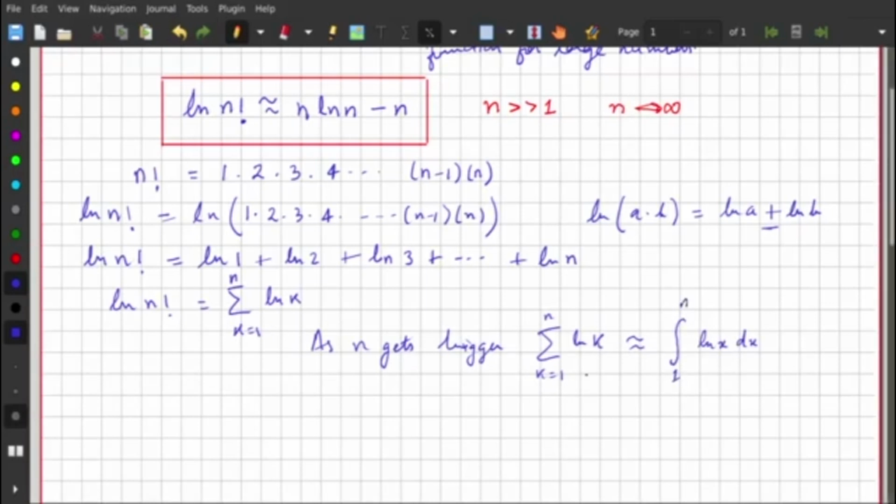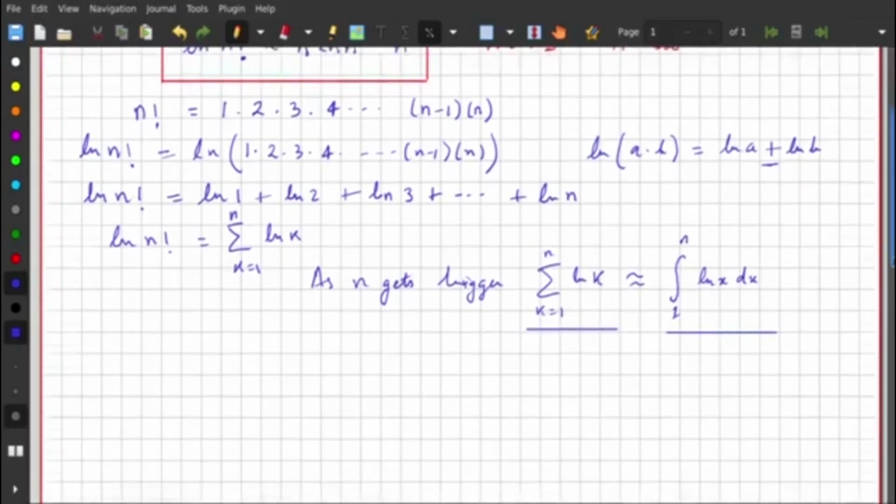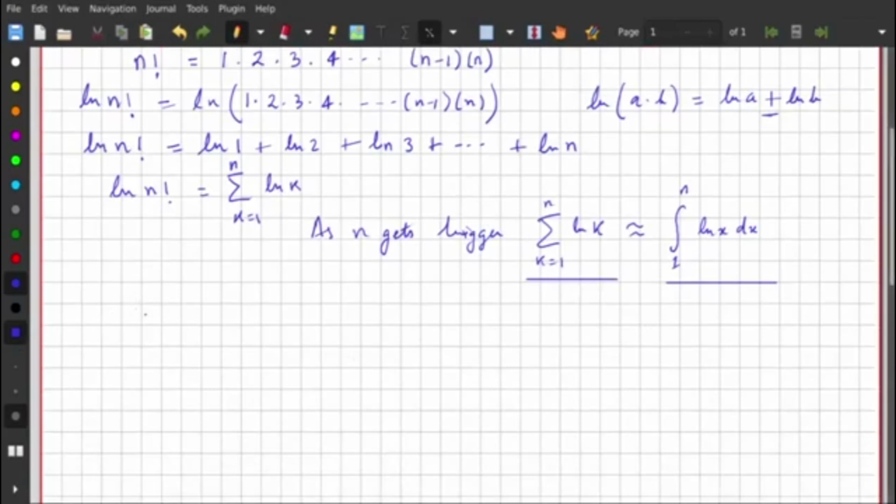Okay, so this is where the approximation comes. So what we do is we approximate the sum by an integral, and this approximation becomes better and better as n becomes larger and larger. Okay, so if we write that, then we have log n factorial is approximately equal to the integral from 1 to n of log x dx.